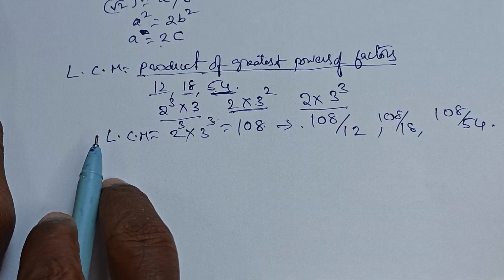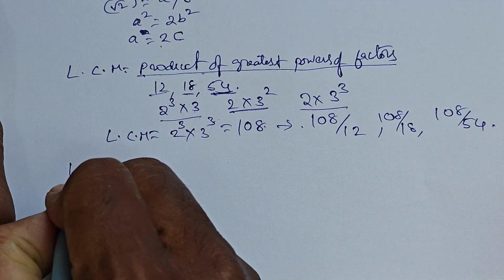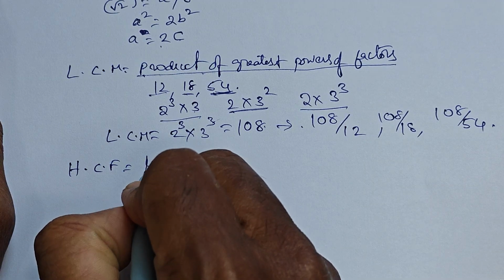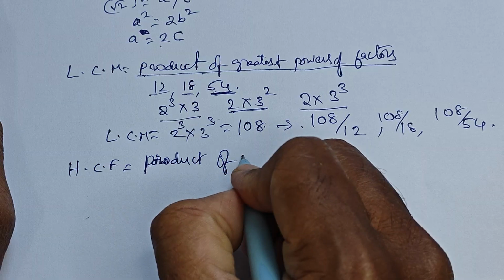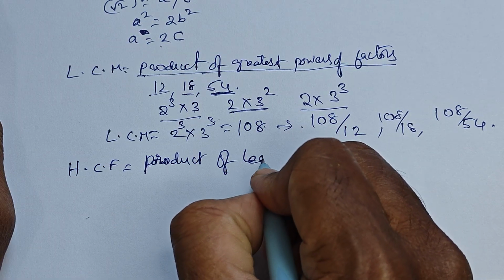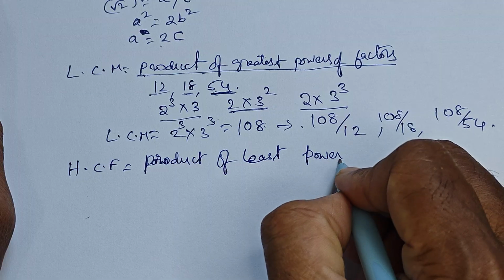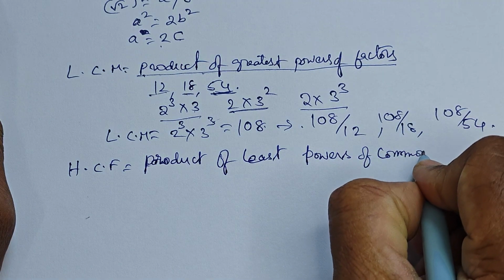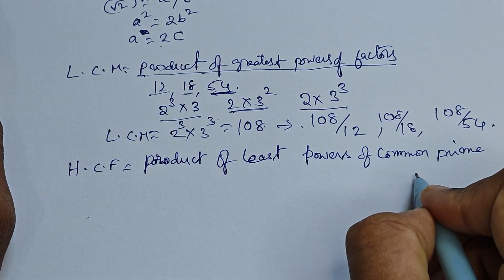And if we have to find the HCF of the same numbers, how do we do it? HCF is the product of the least powers of the common prime factors. See, we are talking only in terms of prime factors, not just factors.